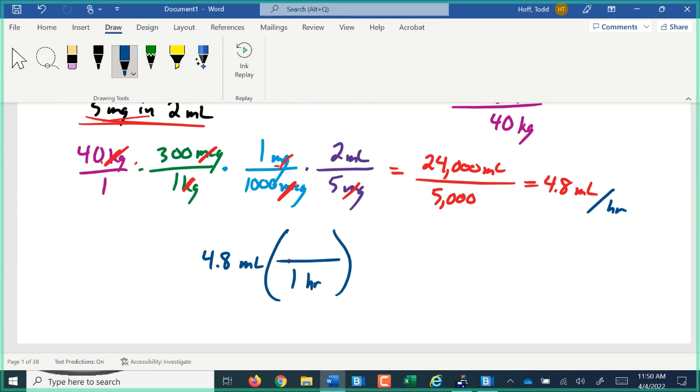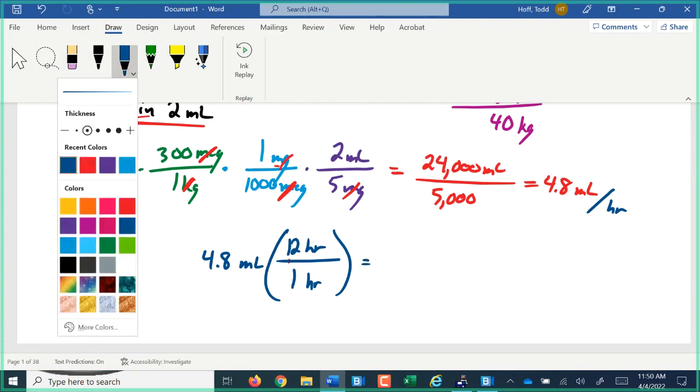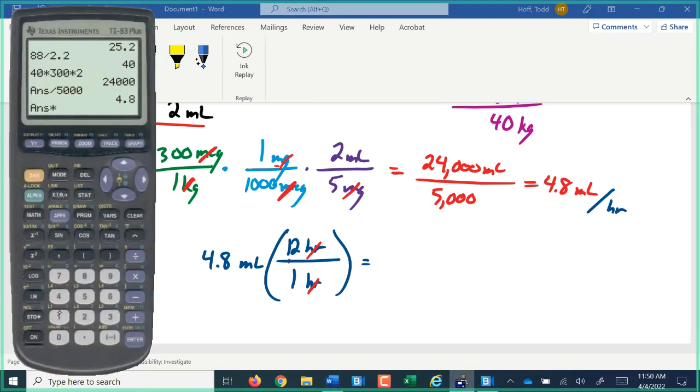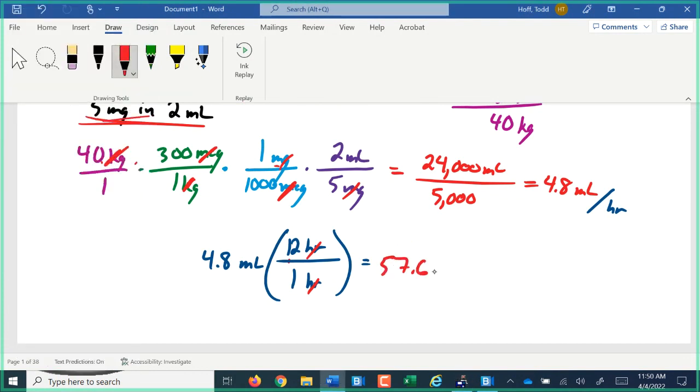We want to take it per 12 hours. Hours cancel out. 4.8 times 12 divided by 1 is of course going to give us 57.6 milliliters. That's every 12 hours.